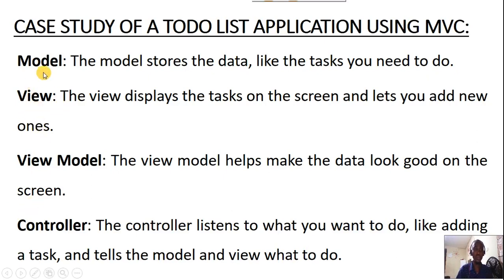This is the model, the database, the hard drive, the store. This is the view, the person you will see, so that you will interface with this guy. Between this guy and this guy, for you to be able to save a record, that function will help you. Between them, in the middle layer, is the controller.